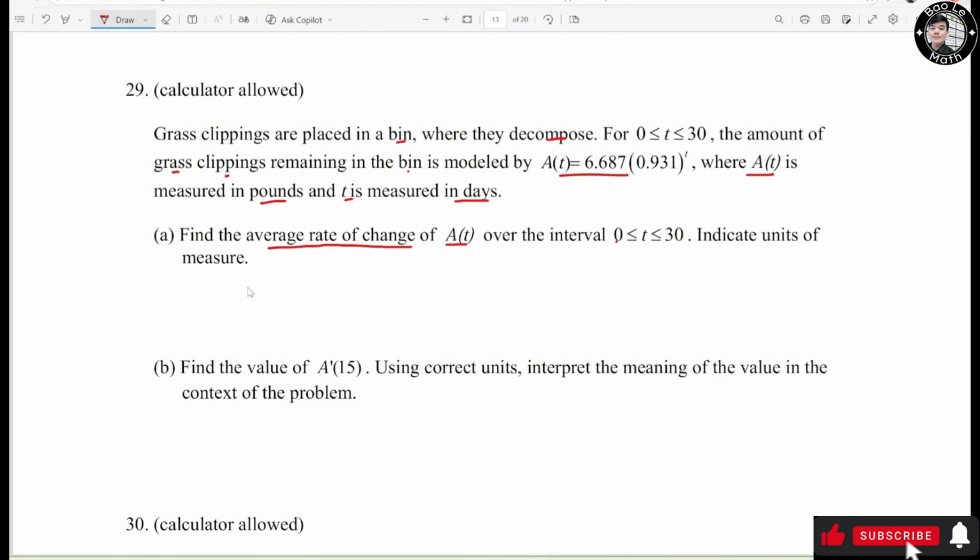Alright, so remember the average rate of change is given by the formula f of b minus f of a over b minus a, right? So a equals 0, b equals 30. So you have A of 30 subtract A of 0 over 30 subtract 0.